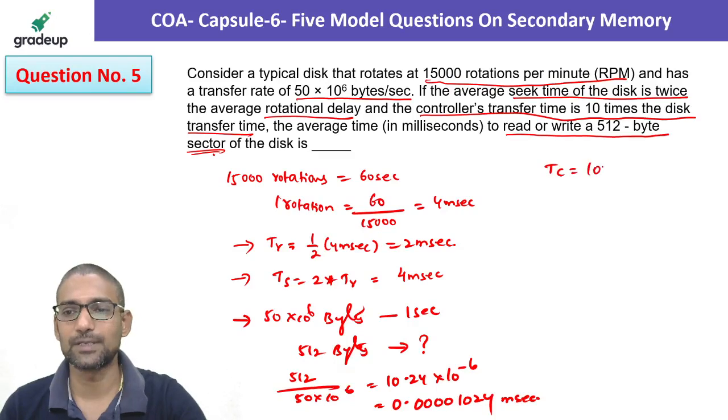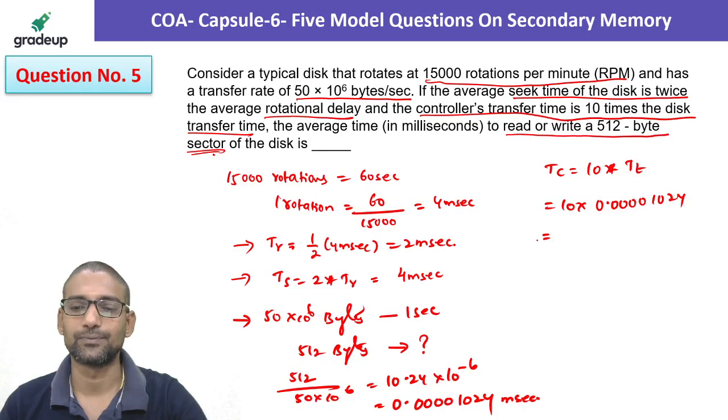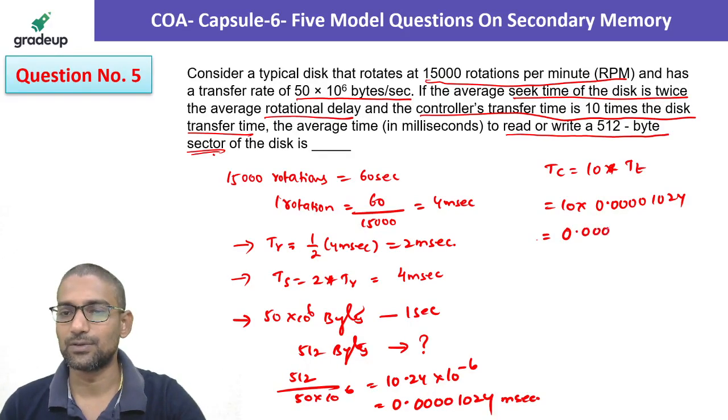Controller's time is 10 times the disk transfer time. So 10 into 0.00001024, that would be 0.000124 milliseconds.